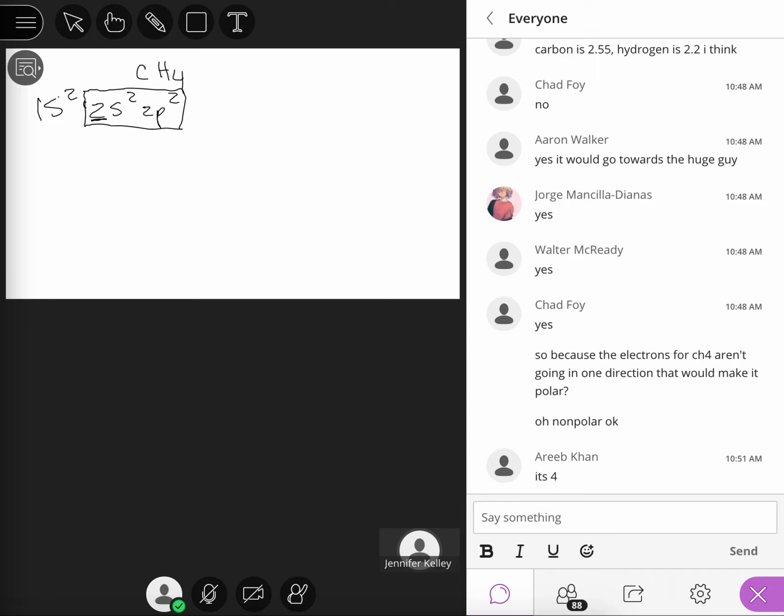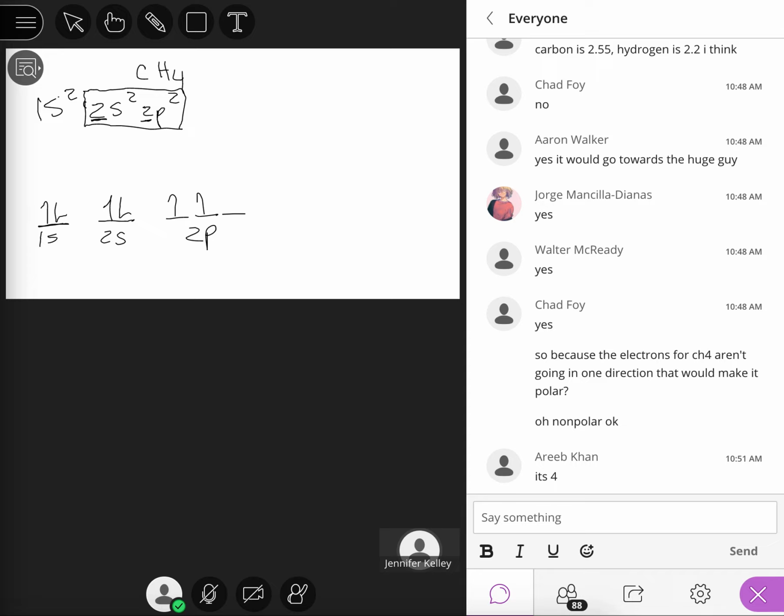I know they're valence because they both have the highest n level. So 2 is the highest, so we add them together. All right. So that would look like this, and then this, and then this.